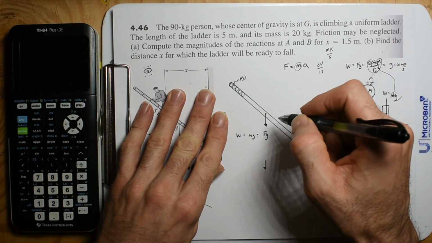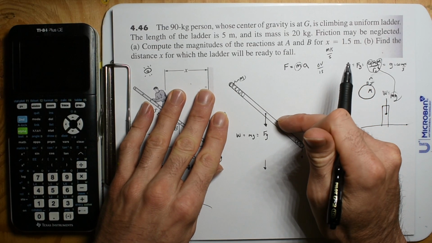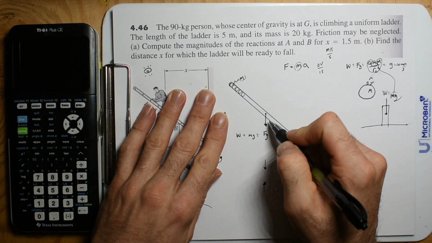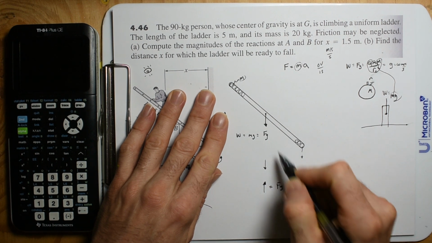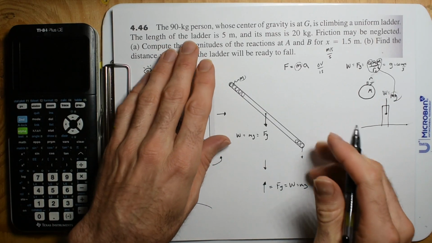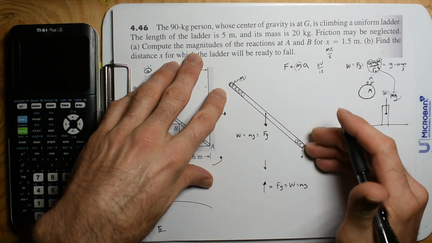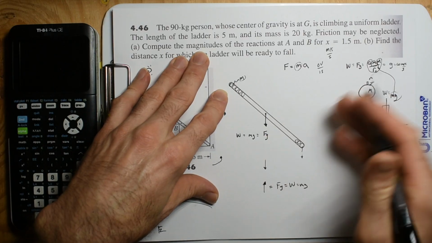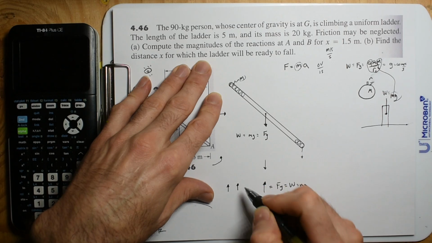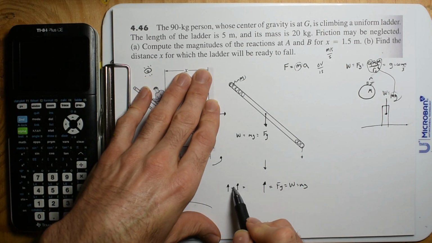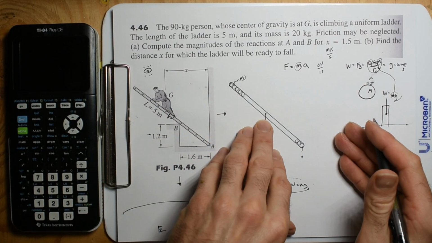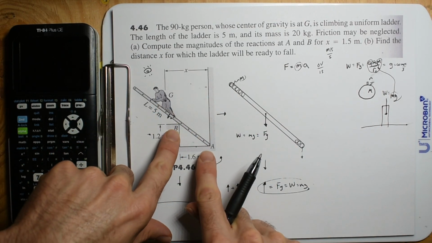The only way this thing can be stationary is if there is a force upward that's equal to this weight, this mg. And the cool thing about the way the physics works is we can divvy this up. We could put a smaller force here and a smaller one there, and adding these two up will equal this weight. So going back to our diagram, where are the points of contact?